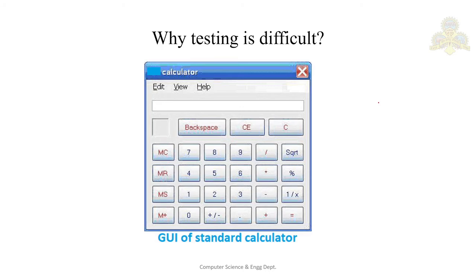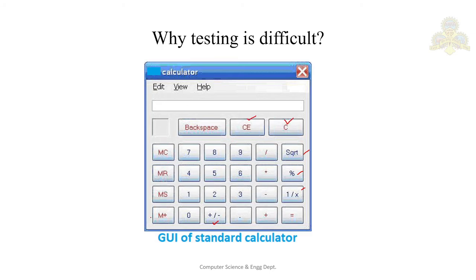Your square root finds the square root of a number. Then percentage, this will be calculated. To inverse a number, this one would be used. Then plus minus gives the sign to a number. Then CE clears the displayed number, and C clears the current calculation.